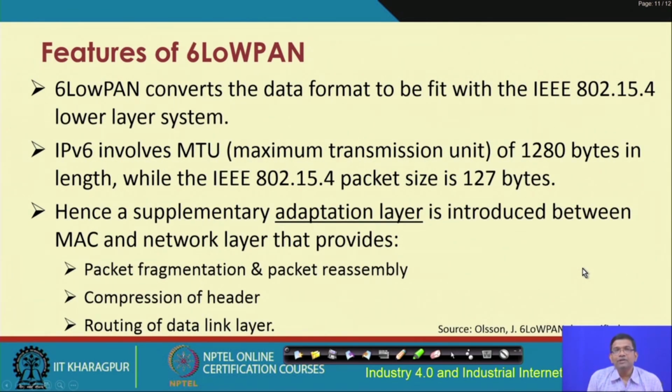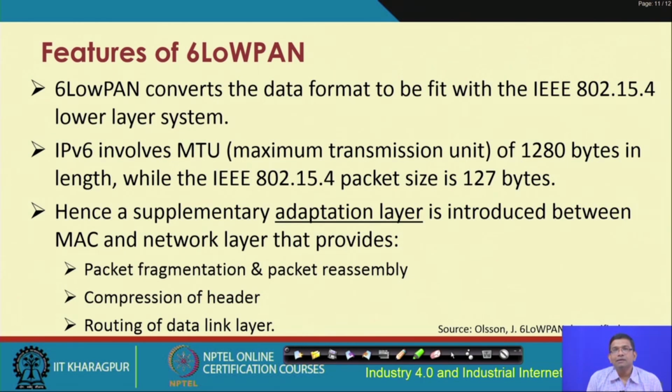There are some features of 6LoWPAN. I am just going to mention a list of such features. 6LoWPAN converts the data format to fit within the 802.15.4 lower layer system. IPv6 involves an MTU of 1280 bytes in length, while 802.15.4 can permit a packet size of up to 127 bytes.